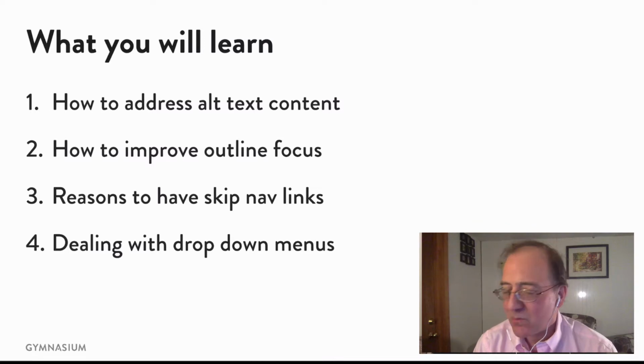So this, by the way, is part 2 of a 2-part series on accessibility and specific web accessibility. For those of you who saw the first part, this is a quick review: that was all about automated testing, and we used a system called Wave, which is a plugin that you can use for Chrome or Firefox that allows you to do this kind of automatic checking of a page for issues.